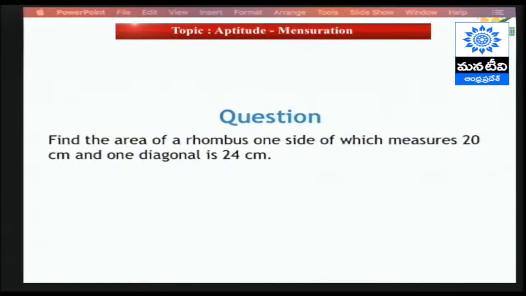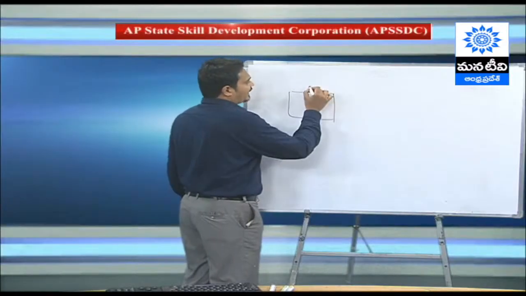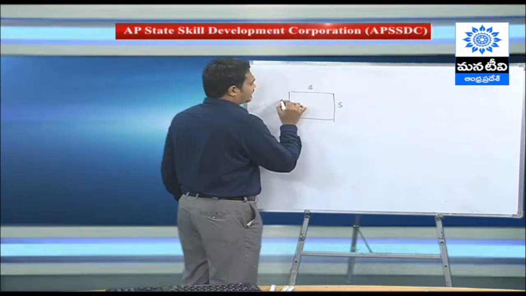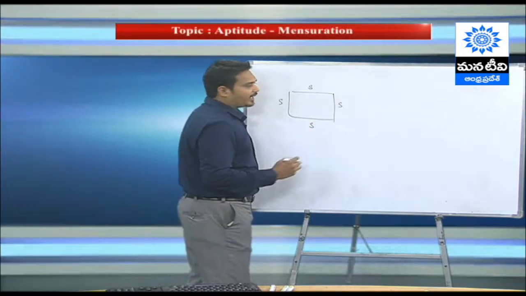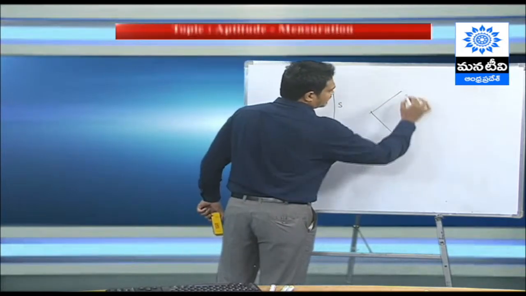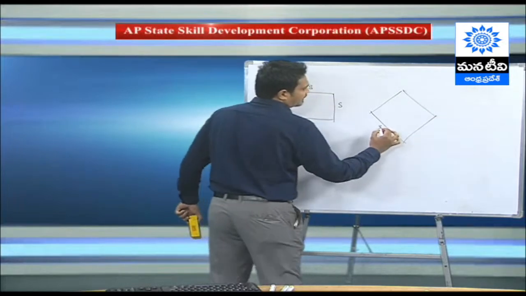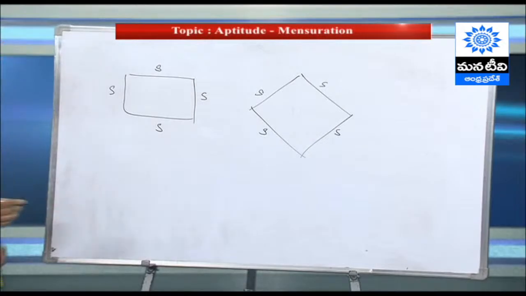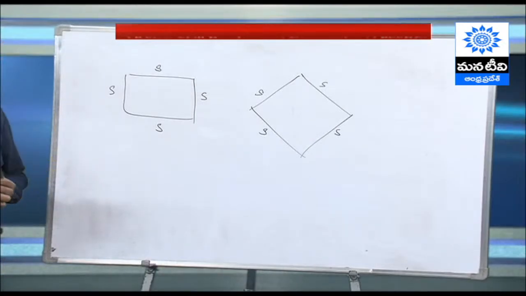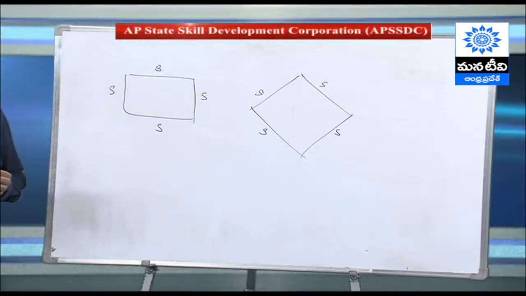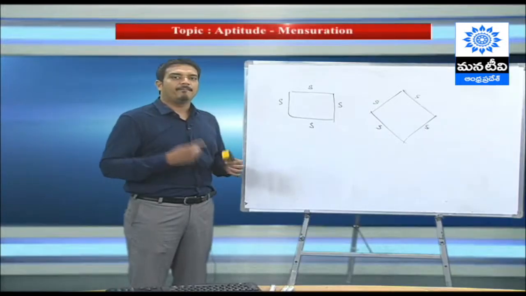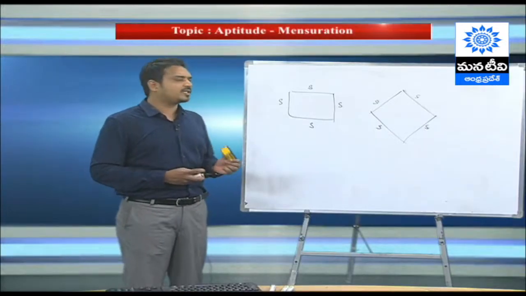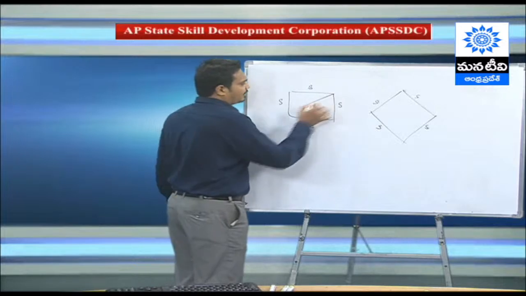For example, if this is a square and this is S, now consider a rhombus. The common property between square and rhombus is all the sides are equal in both geometrical figures. But what makes the difference? So simple, the diagonal makes the difference.